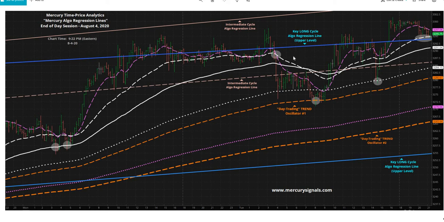Now, another thing that you can do is take prices at which algorithmic time price oscillators of differing lengths, differing time periods, cross over. So here you had this little crossover, call it 88-ish. Take that over here again. Same thing. Important. Right here.